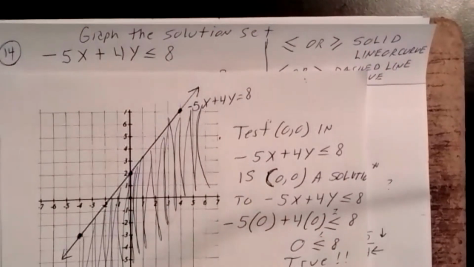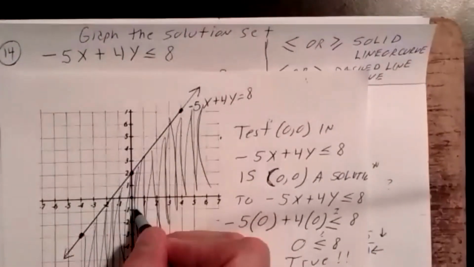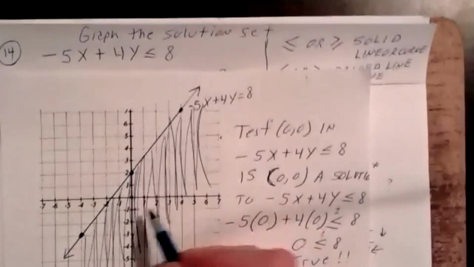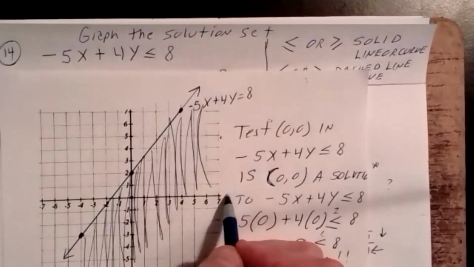So in addition to 0, 0, can somebody give me another solution to this linear inequality? We know 0, 0 is a solution. Can you give me another solution? 0, negative 1 would be a solution because it lies in the shaded region. Can you give me another one? Do you think 10, 0 would be a solution way out here?